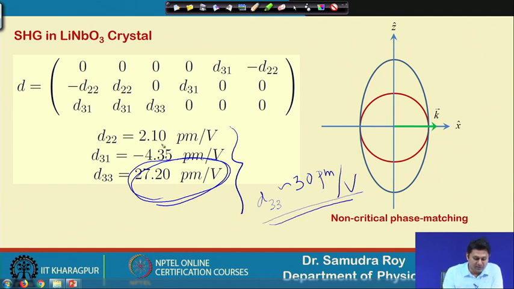This is almost 10 times bigger than d22, and about 5 times bigger than d31. If I compare these components, we can find that d33 really has a large d value.